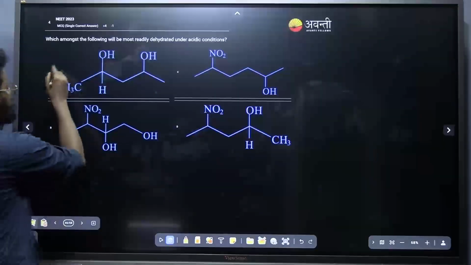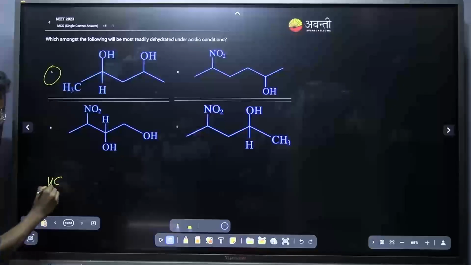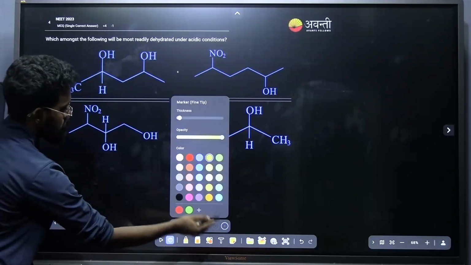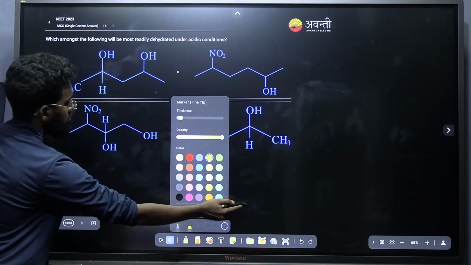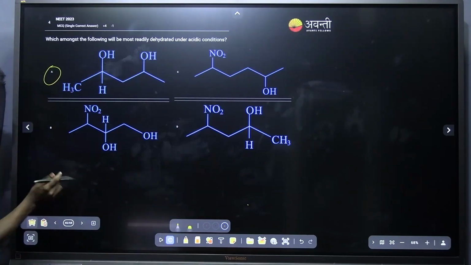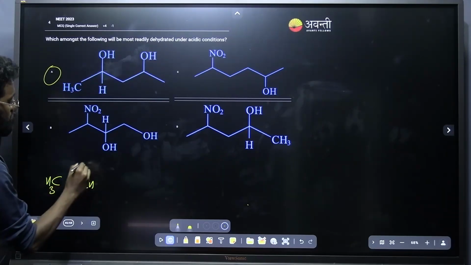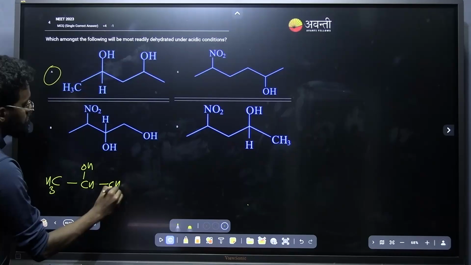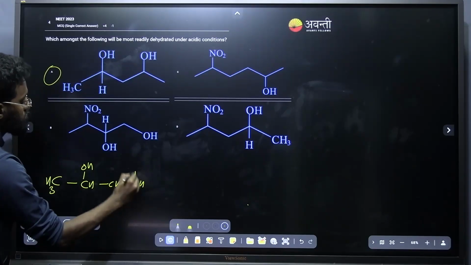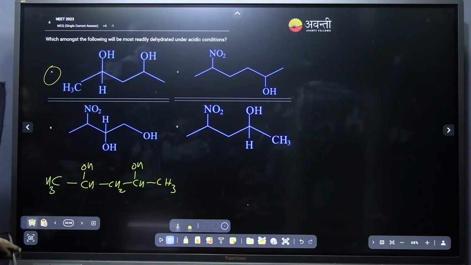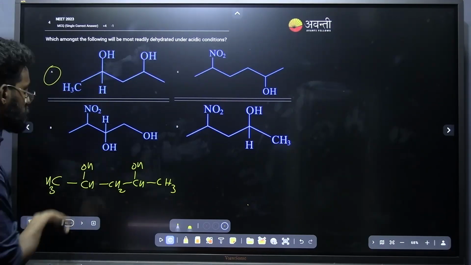Here you can see option A: CH3 CH OH CH2 CH OH CH3. Look at this reagent. Now here you can see it is an elimination reaction, dehydration.